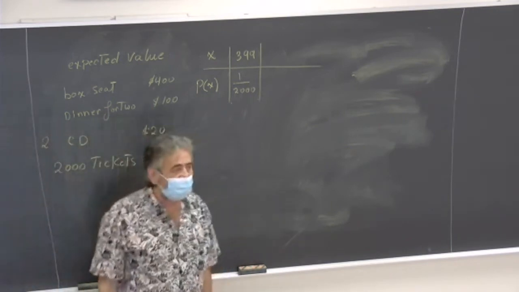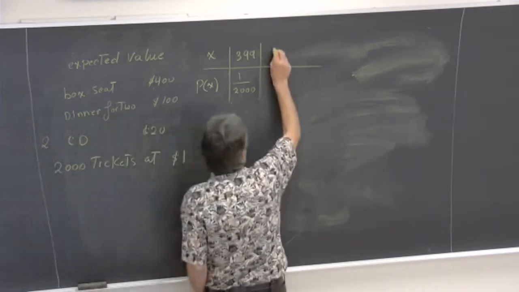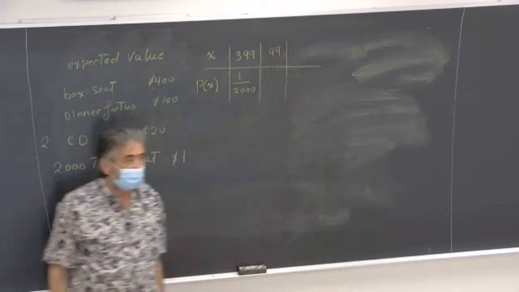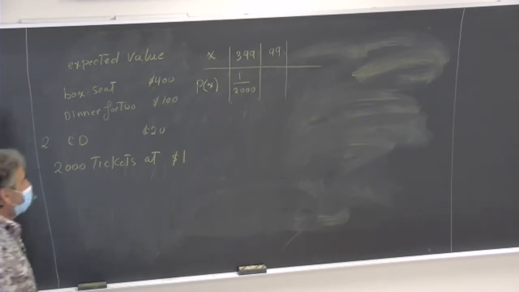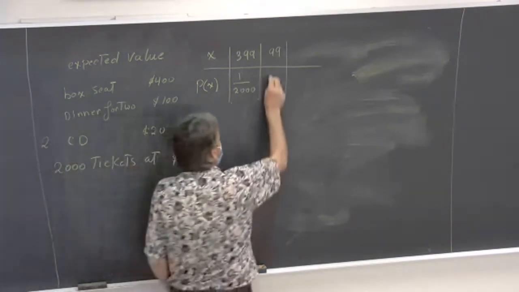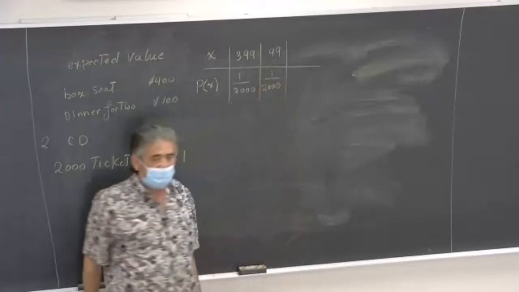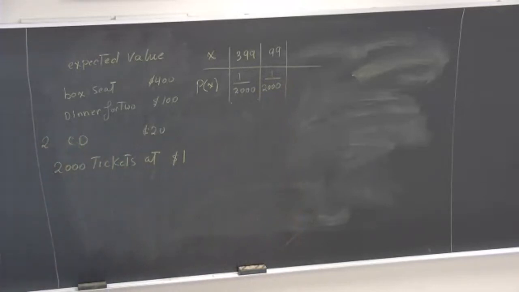You could also win a dinner for two, and how much would you win? $99. How many dinners for two are they giving away? One. So only one ticket is going to win. So what's the probability of winning that? You have the same chances as winning the box as well.